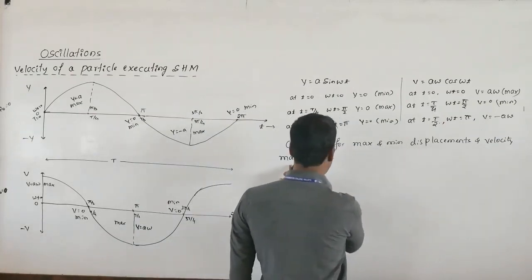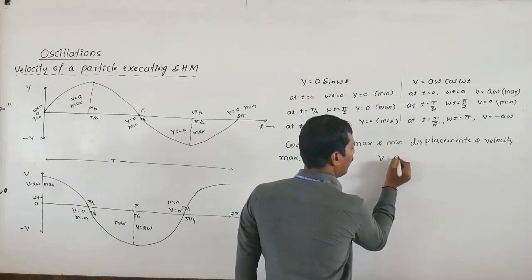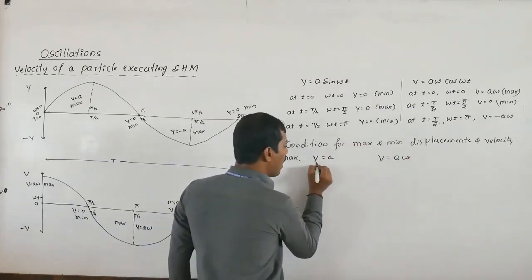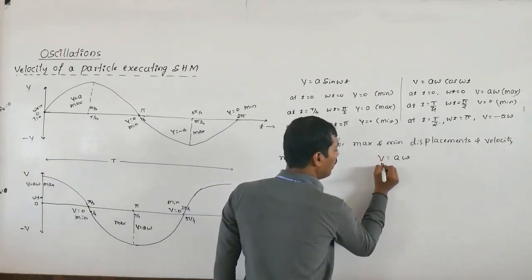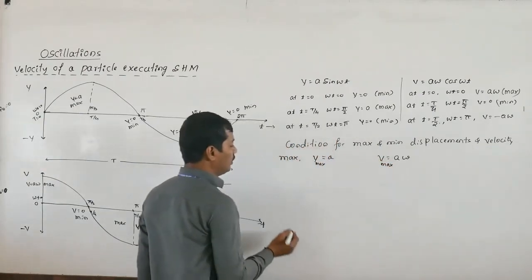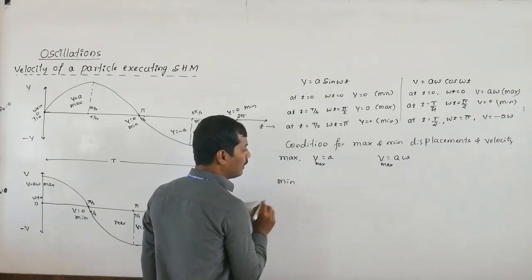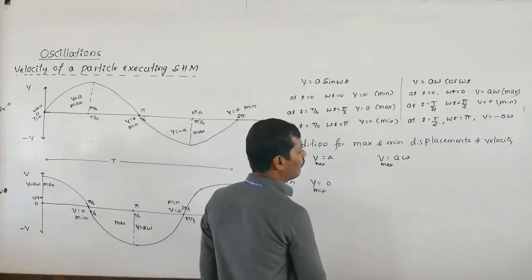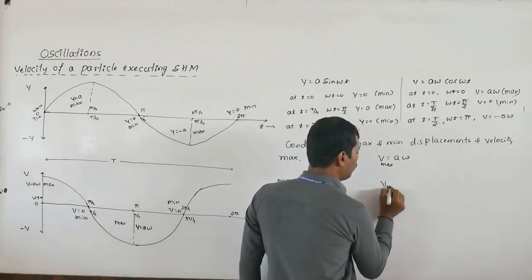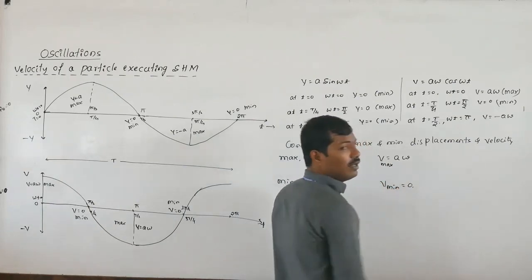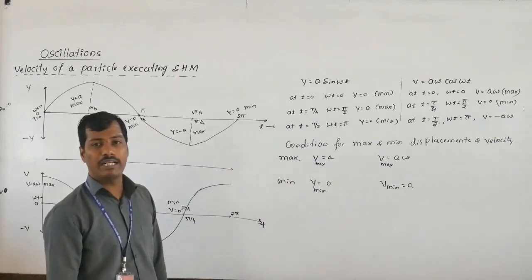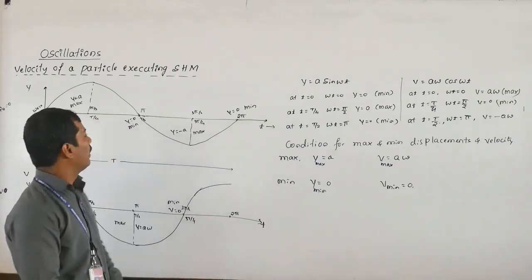The velocity is v equal to a into omega, the maximum condition. Minimum conditions are also there. If y is equal to 0, then v is also 0. This is the minimum condition, and that is the maximum condition for the displacement and velocity of the particle.